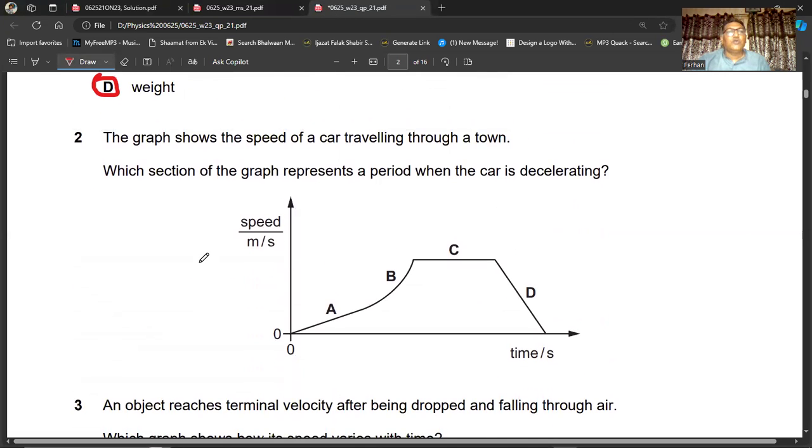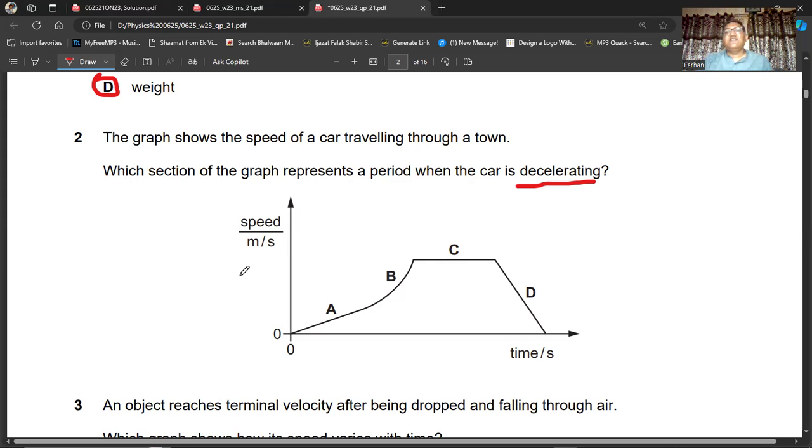Question number 2. The graph shows the speed of a car traveling through a town. Which section of the graph presents a period when the car is decelerating? On the speed time graph, deceleration is represented with the negative gradient.